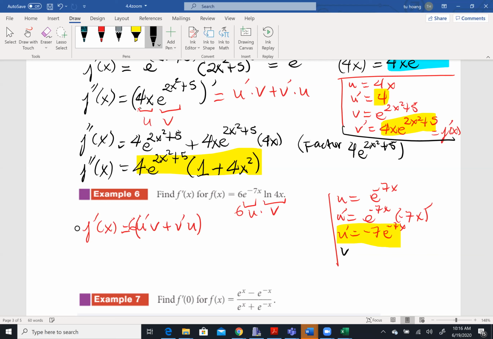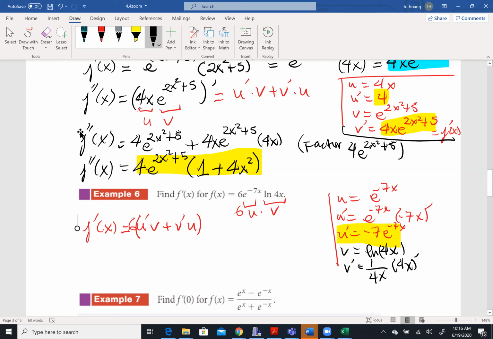And v equal to ln of 4x, and we'll have v prime equal to 1 over the argument. The argument in here is 4x, right? So 1 over 4x multiplied with the argument derivative, the derivative of 4x.